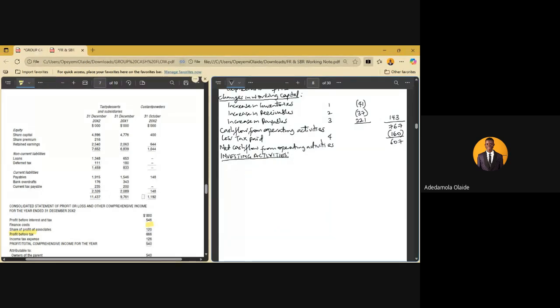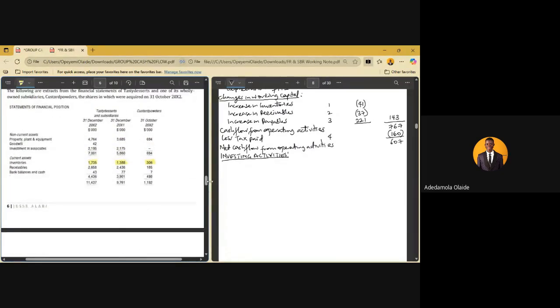For our investing activities, we get the information from the non-current asset section. From the non-current asset section, we have PPE.